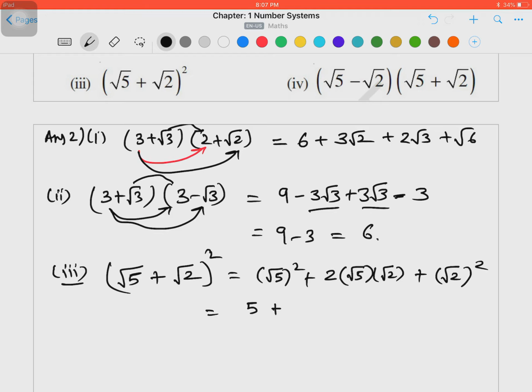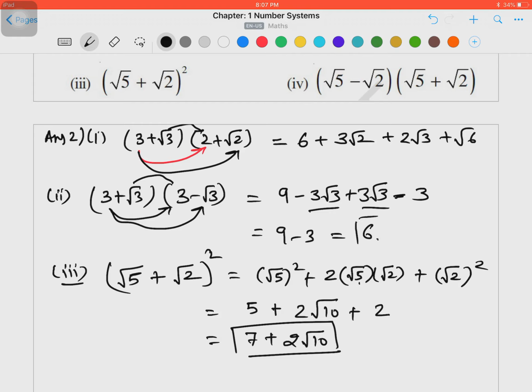So the square of root 5 is 5, plus 2 times root 5 into root 2, which is root 10, plus root 2 square, which is 2. So the answer is 7 plus 2 root 10. That's our answer.